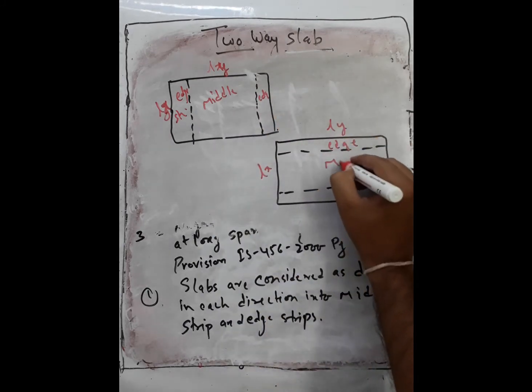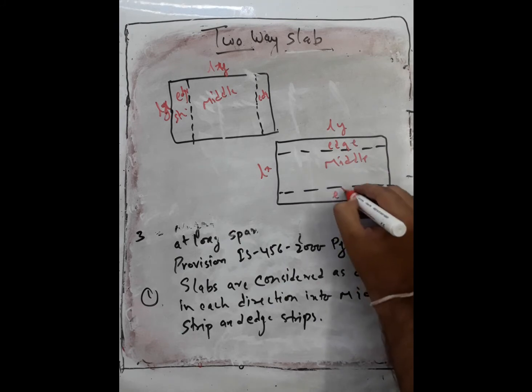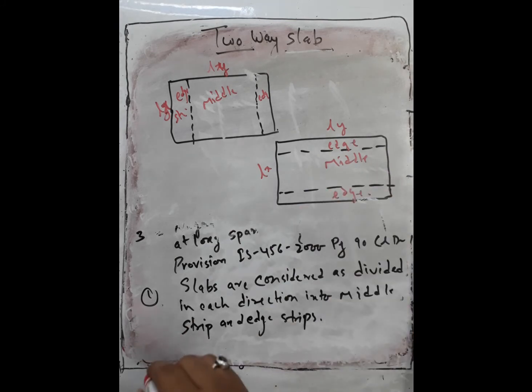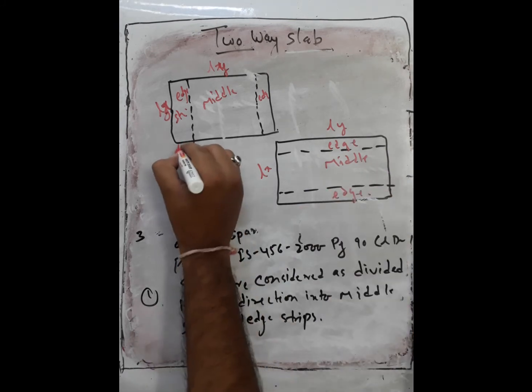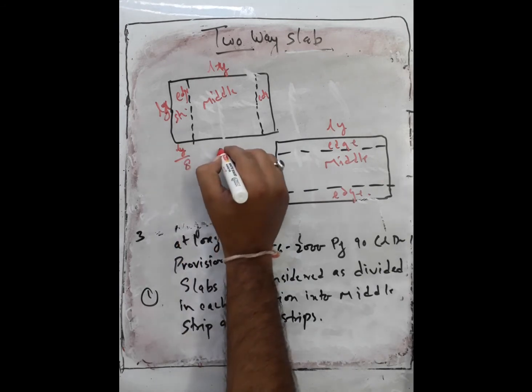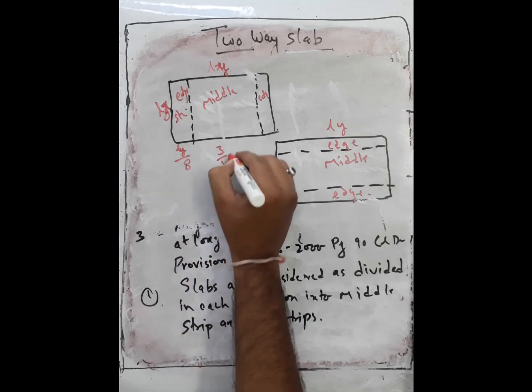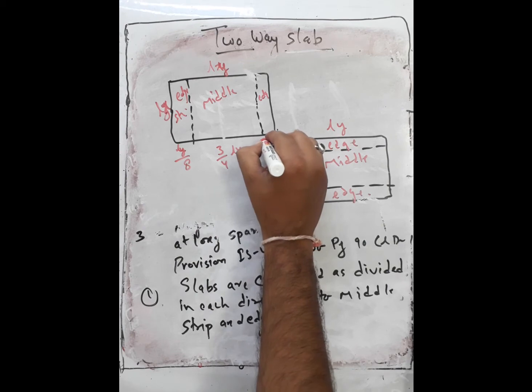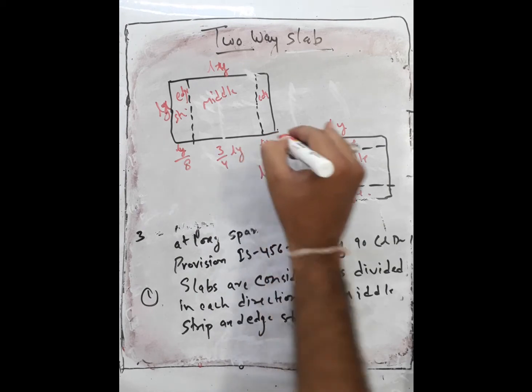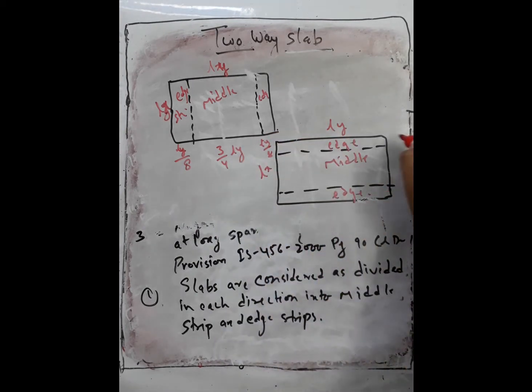We take Ly by 8, then 3 by 4 Ly, and again Ly by 8. Here we take Lx by 8, 3 by 4 Lx, and again Lx by 8.